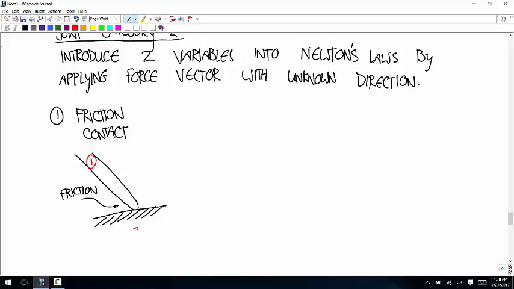So if this is body 1 and this is body 2, a free body diagram of body 1 looks like this. I was about to draw the surface, but you don't even need that because we don't know the direction of this force. So we'll just draw it as two unknown components and call this the force on body 1 by body 2.